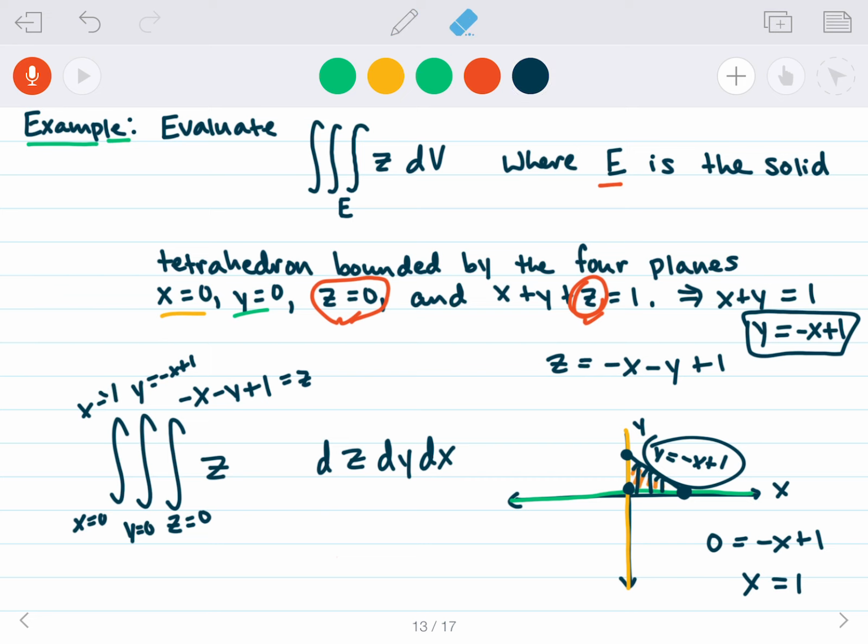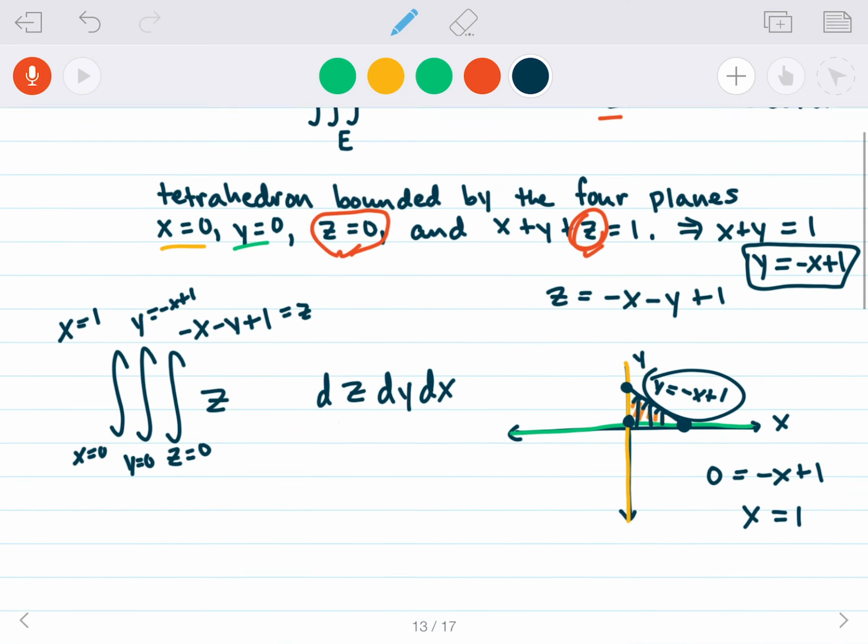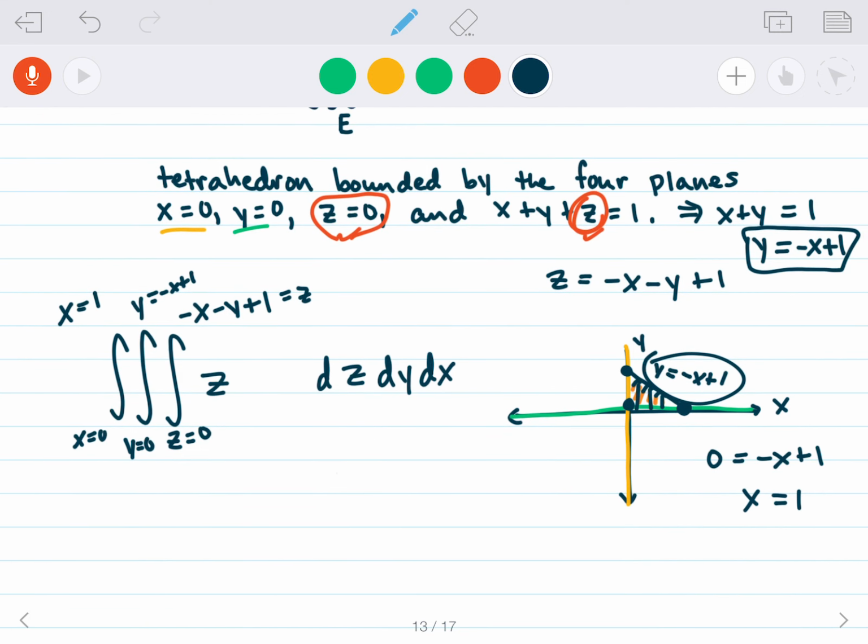So now that we have all of this set up, that's always the hard part, is just setting it up. Now we can go ahead and integrate this thing. So we're integrating z with respect to z first. So that's going to be z squared over 2, and we're going from z equals 0 to z equals this mess, negative x minus y plus 1.